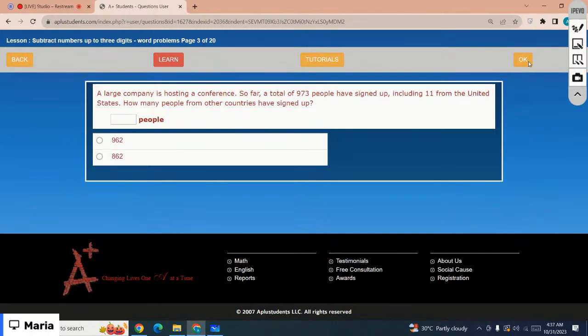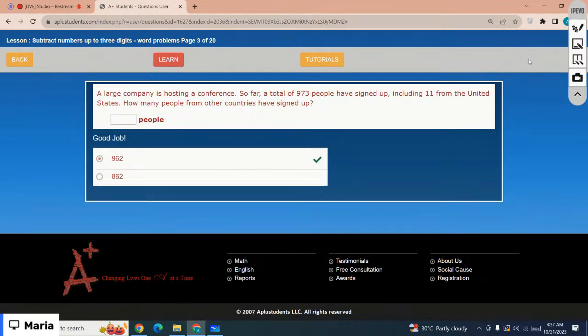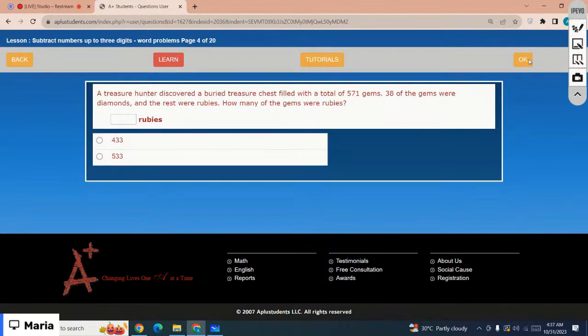So, which is the correct option? 973 minus 11 equals. Very good. The correct option is 962, right? You have to subtract a two-digit number.